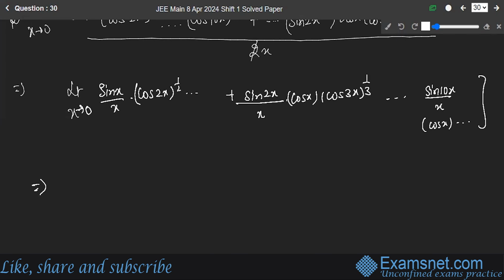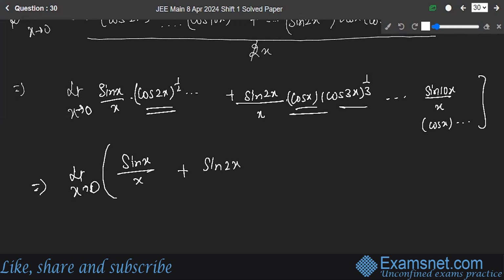See, I'm approaching 0. The cos of 0 is equal to 1, so I can ignore that. This will be reduced to the limit as x approaches 0 of sine x upon x plus sine 2x upon x, so on, sine 10x upon x, right?